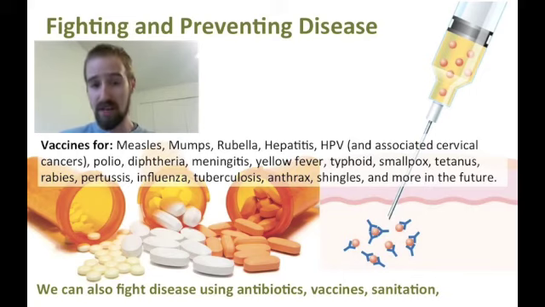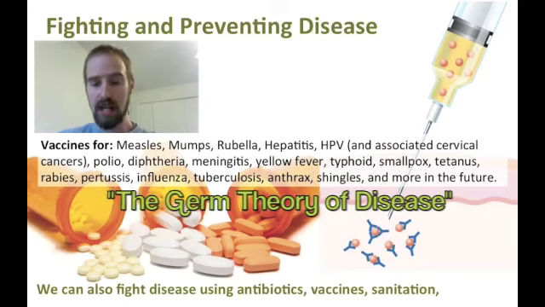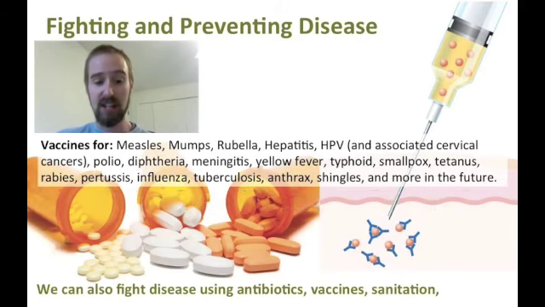And since we discovered that disease was caused by microorganisms, which is a really important theory that we call the germ theory of disease, we've invented vaccines to protect us against measles, mumps, rubella, hepatitis, the human papilloma virus, or HPV, which is associated with cervical cancer, polio, diphtheria, meningitis, yellow fever, typhoid, smallpox, tetanus, rabies, pertussis, influenza, tuberculosis, anthrax, shingles, and many more vaccines are currently in the works for other diseases that we don't have vaccines for.